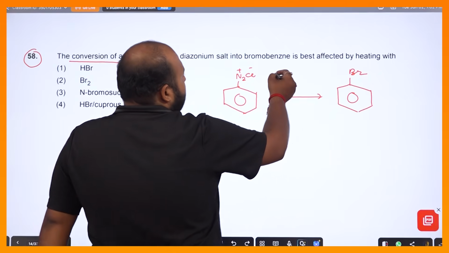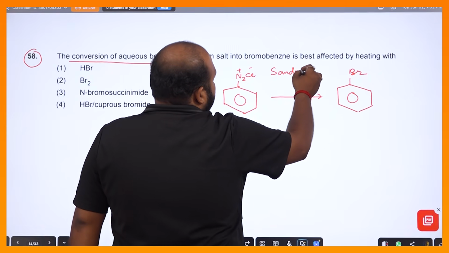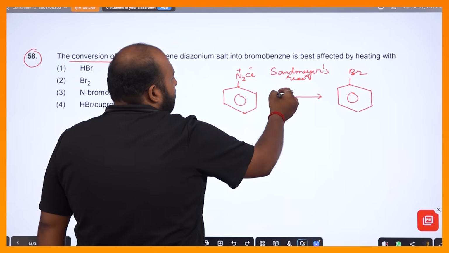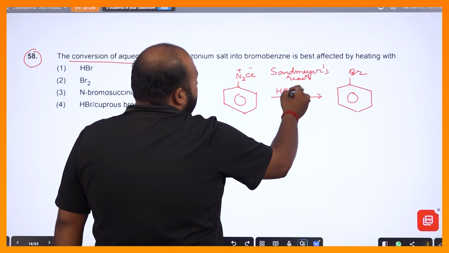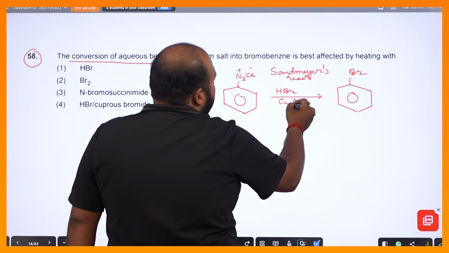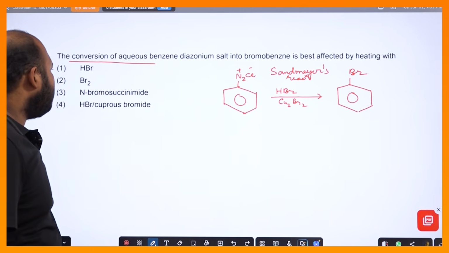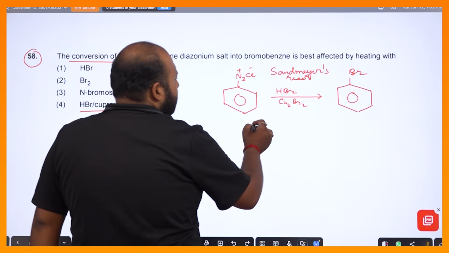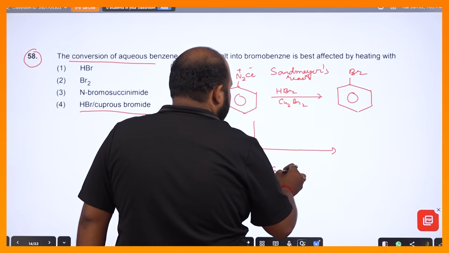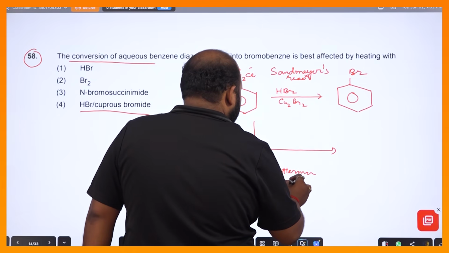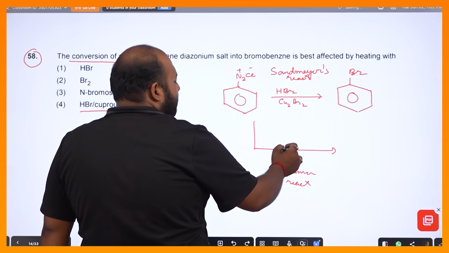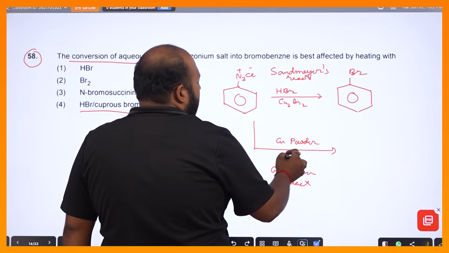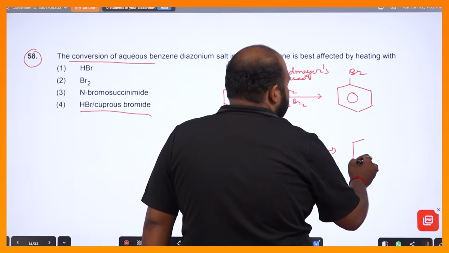In Sandmeyer's reaction, we use HBr along with Cu2Br2, cuprous bromide. And one more reaction is there, that is Gattermann reaction. In Gattermann reaction, we use copper powder along with HBr to get the bromobenzene.